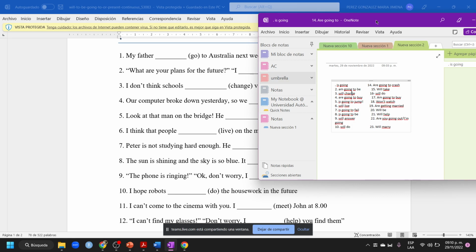Y el presente continuo como futuro para planes, pero planes que no estamos muy seguros, ¿no? Que estamos decidiendo aún. Y pues para eventos, ¿no? Citas, ¿no? Appointments.